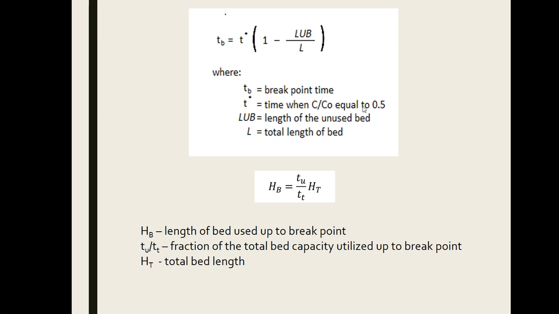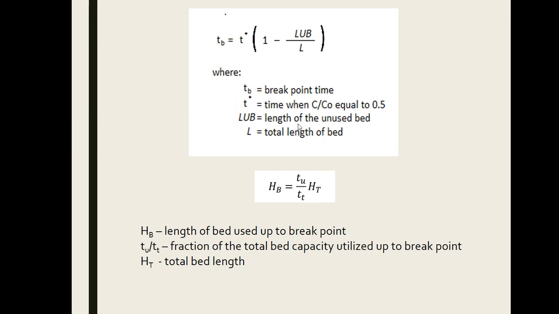So meaning your original concentration of the fluid was already decreased to half of it, meaning 50% was already adsorbed. So that's the T asterisk time. How long would that take? That would be T asterisk time. So determining the break point requires you to determine the T asterisk.